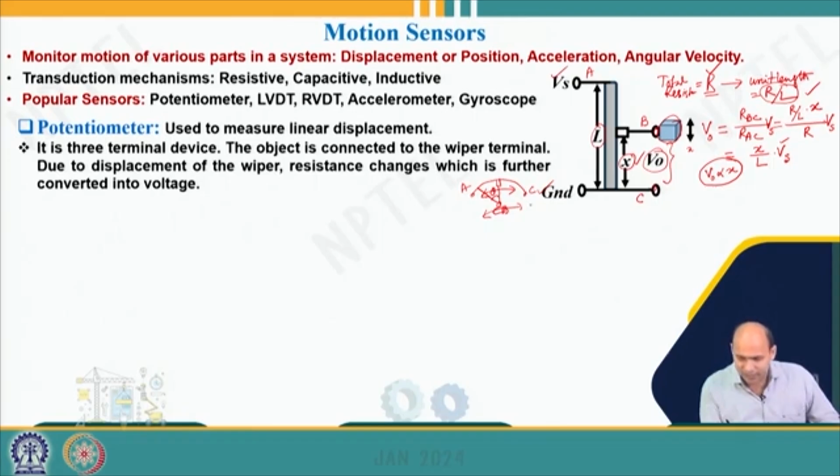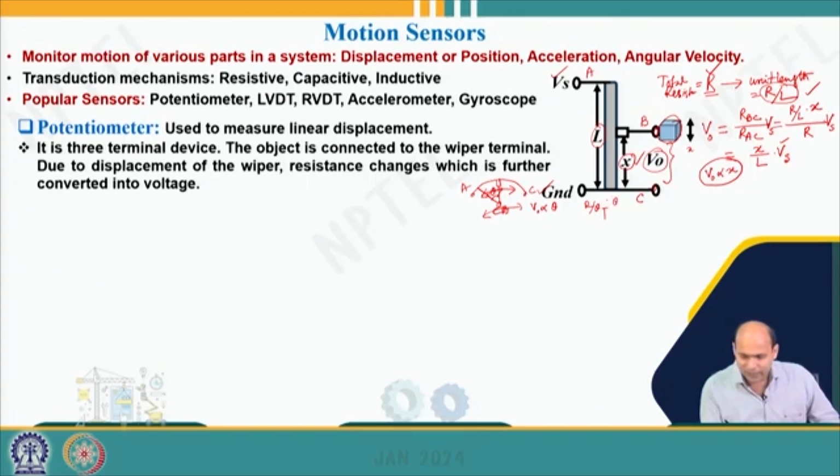And based on similar analogy, my output voltage will be proportional to theta. In the same way I can calculate: suppose I consider the total arc angle is theta total and total resistance is R, then per unit angle the resistance will be R by theta t, is not it?